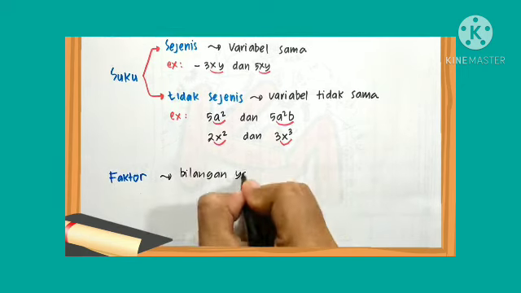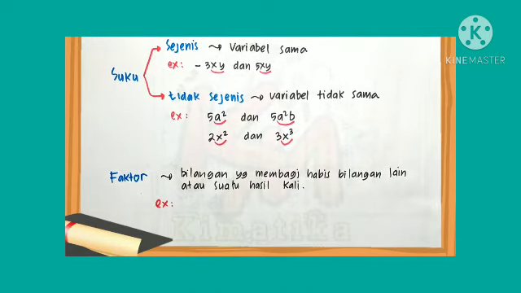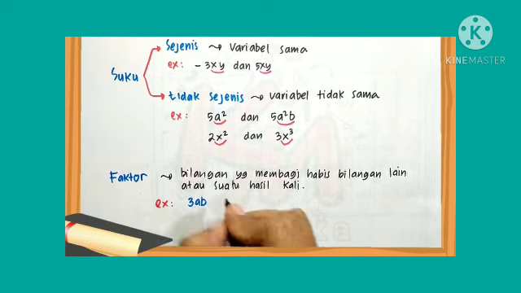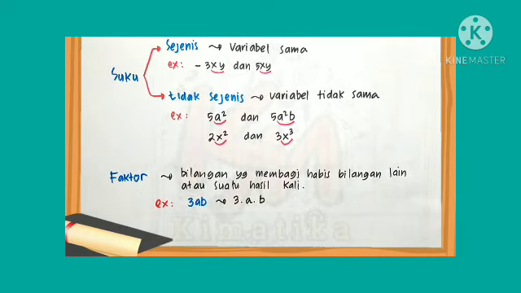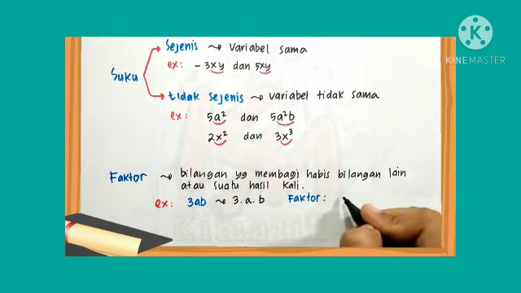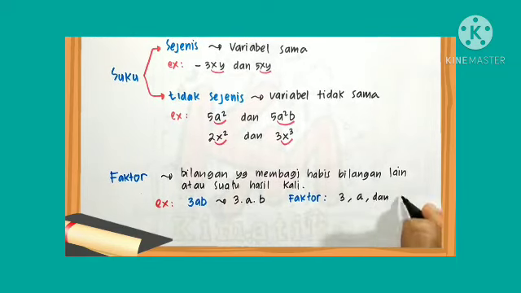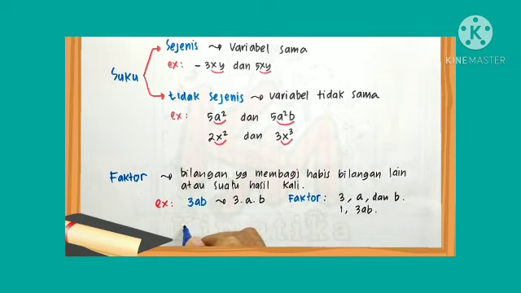Next, we will discuss the factor. In algebra, there are factors. A factor is a number that divides another number or a product evenly. The example, 3ab. What numbers divide 3ab? 3ab means 3 times a times b. So the factors of 3ab are 1, 3, a, b, and 3ab.